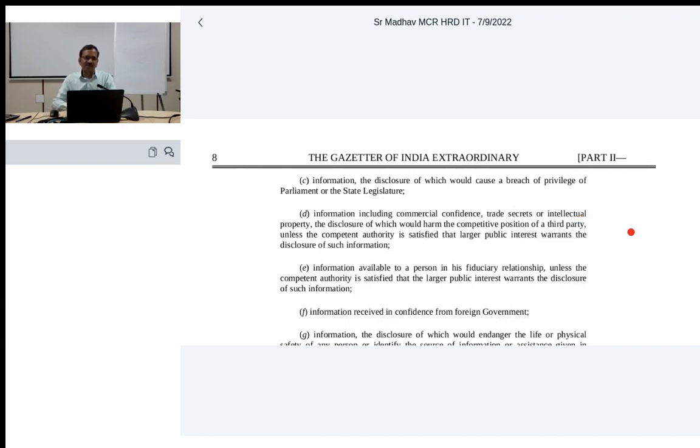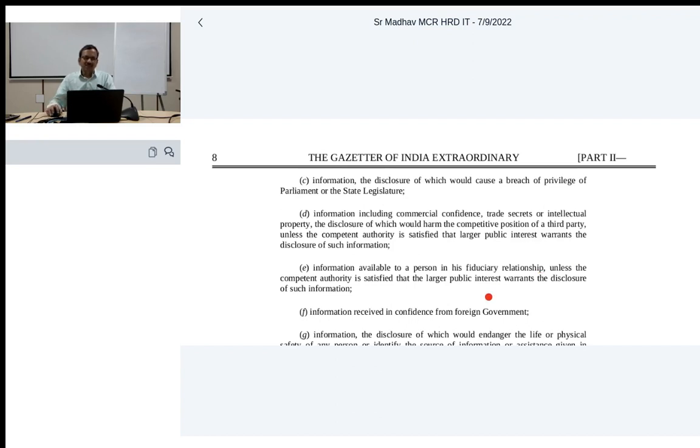C again deals with the breach of privilege of Parliament or state legislature. And D is a somewhat frequently used exemption compared to other exemptions, which deals with commercial confidence, trade secrets, and intellectual property. There is one more exemption here: if disclosure would harm the competitive position of a third party, then that can be withheld.